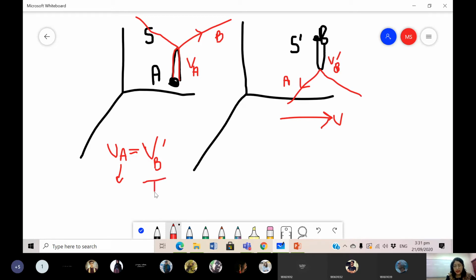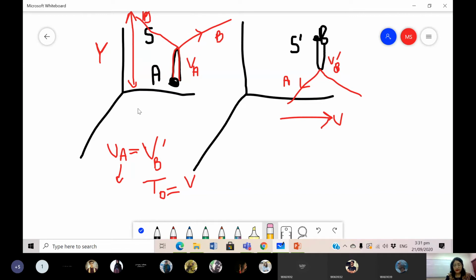So we're saying that the proper time T0 will be equal to Y divided by VA, where Y is the distance between particle A and particle B before they collided.